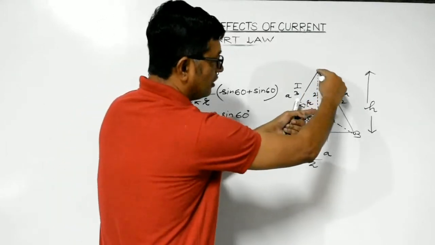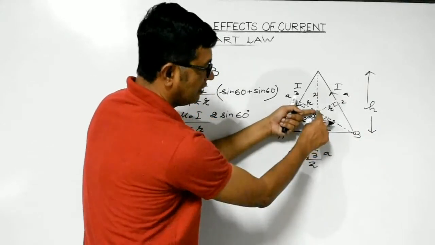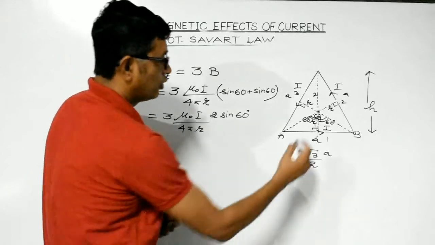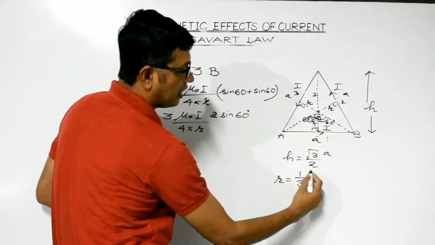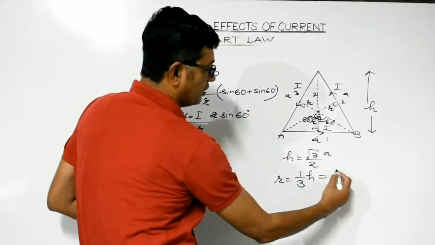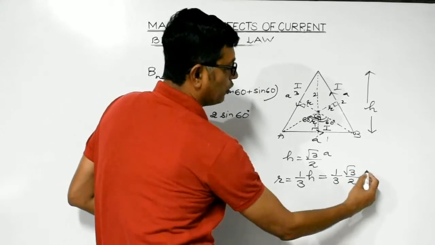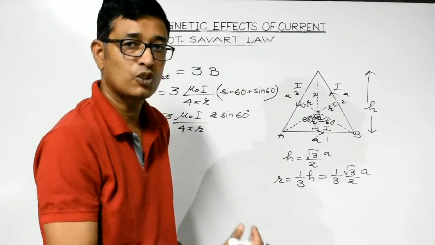So this part is 2 by 3rd of the height, and this part would be 1/3 of the height. So R is equal to 1 by 3 times the height of the equilateral triangle. Substituting the value of h, what we get is root 3 by 6 a. So this is the expression for R in terms of A.